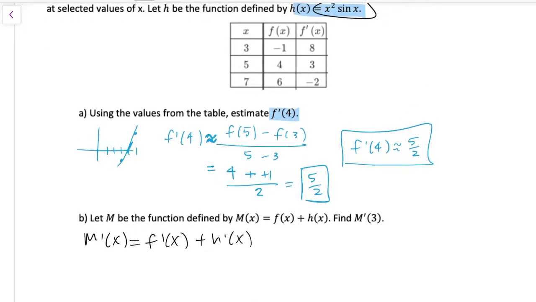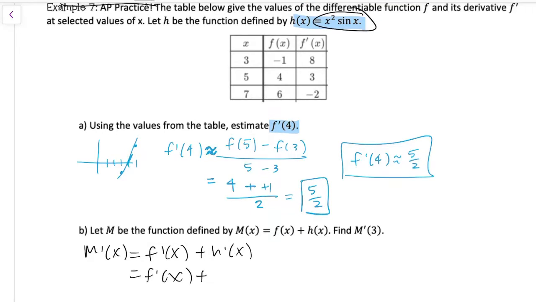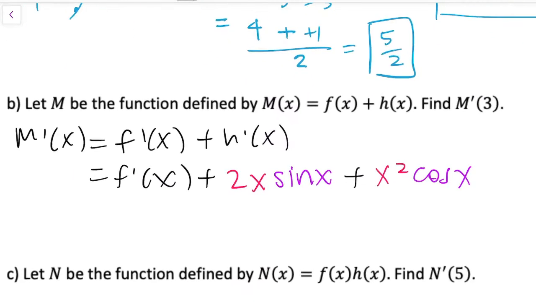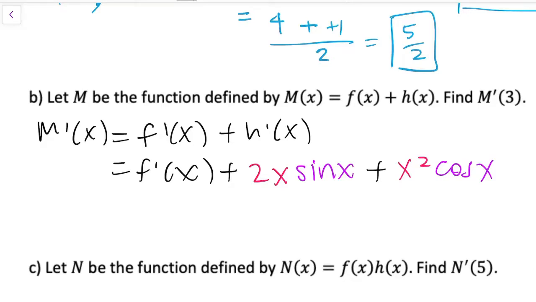So h prime of x is the derivative of the first, 2x, times the second, sine x, plus the first, x squared, times the derivative of the second, the derivative of sine is cosine.